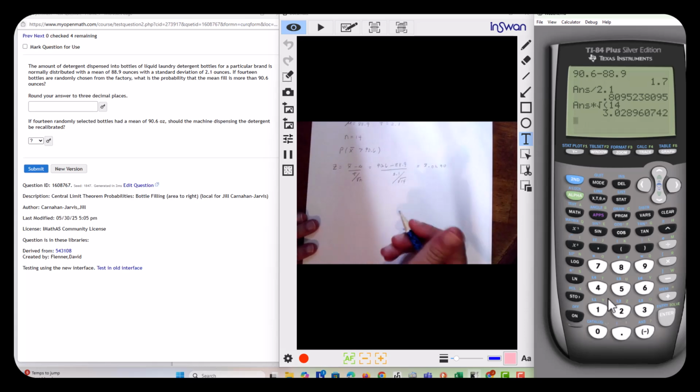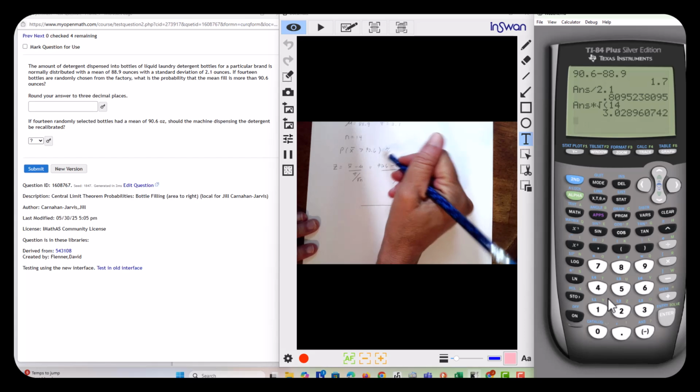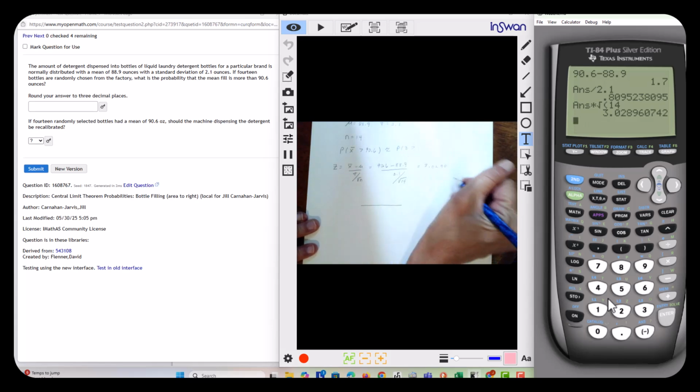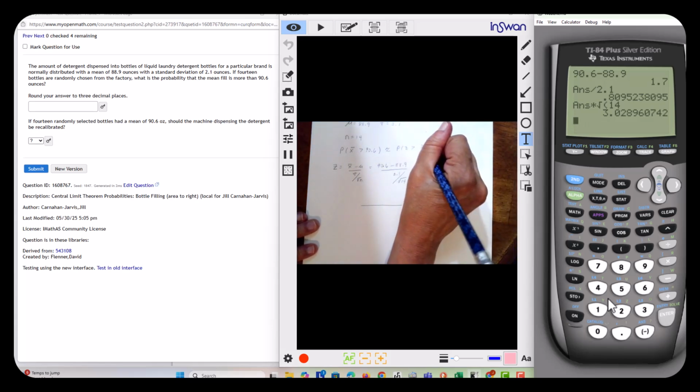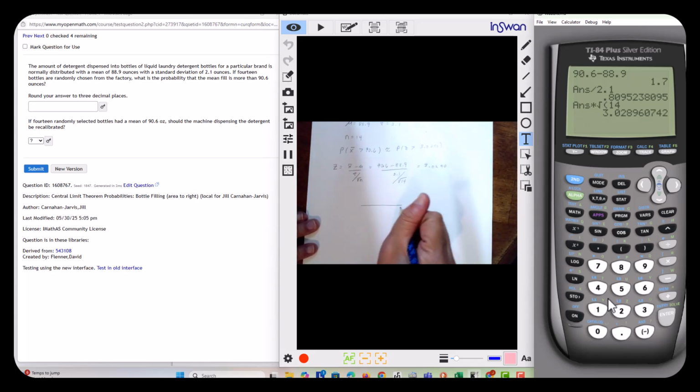I'll tell you that. So let's change our probability statement. The probability that x bar is greater than 90.6 is the same thing as the probability that z is greater than 3.0290. Draw a standard normal curve.